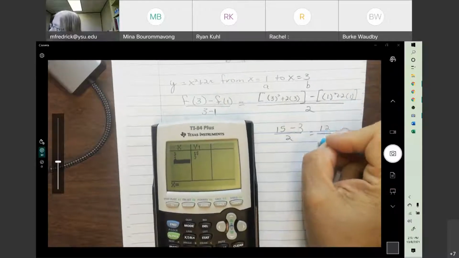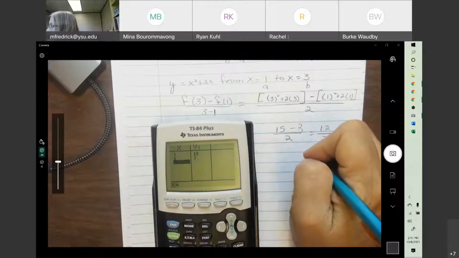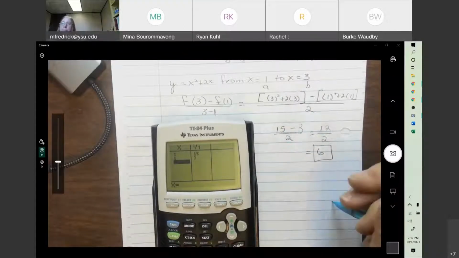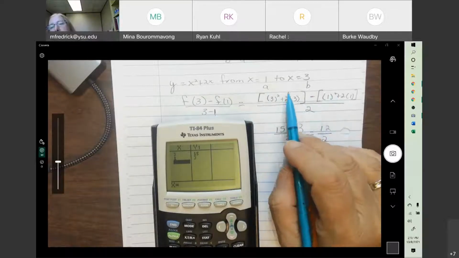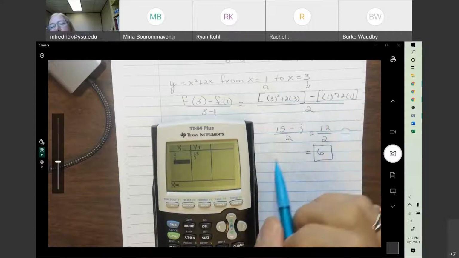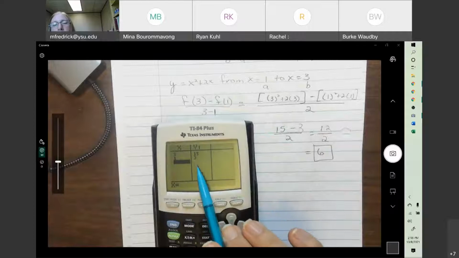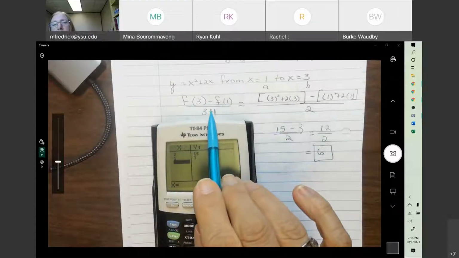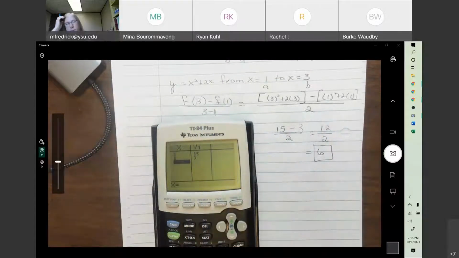Over 2, which gives us 6. So you can plug it in and calculate each one individually, or you can put them in y equals, put the equation, go to your table and plug them in. So then it's just 15 minus 3 over 3 minus 2. Is there any questions on that?